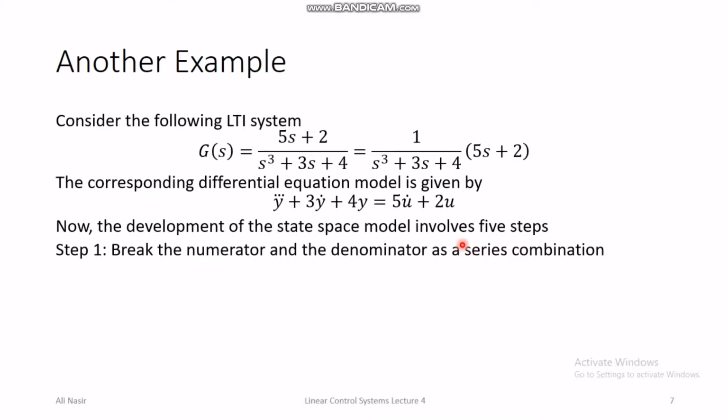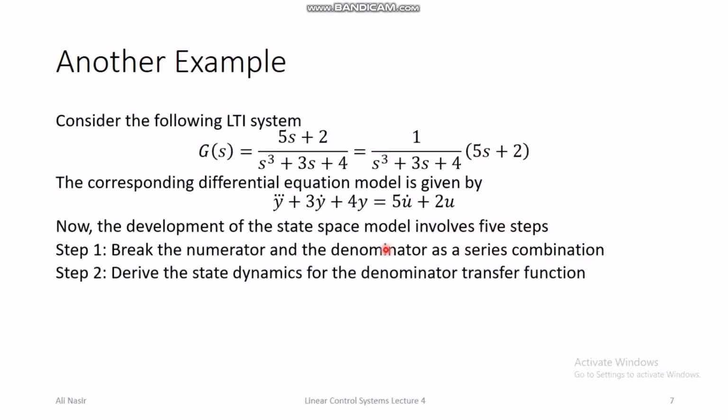Step number 1 will be break the numerator and denominator as a series combination. So we can write this as this term multiplied by this term. So this multiplication, if you convert it into block diagram, that will be the series of 2 blocks. Step 2, derive the state space dynamics for the denominator transfer function. So derive the state space for this part alone, that we have already done in the previous example.